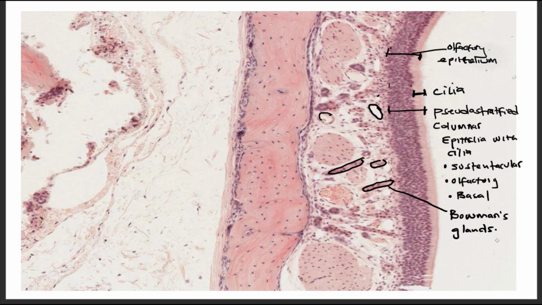This here is also a blood vessel. So those are blood vessels. Draw them like that and label them as blood vessels. What you see here, these are nerves.